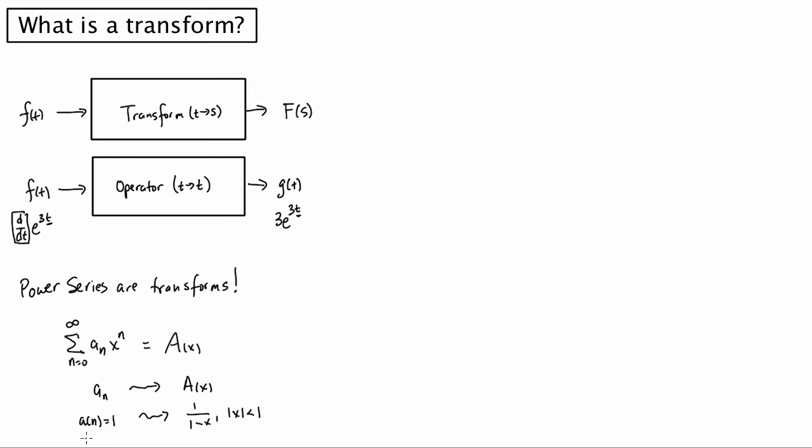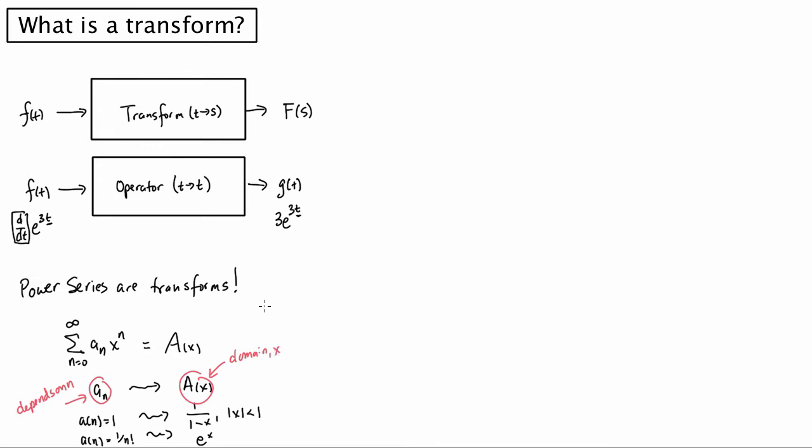Similarly, if my coefficients a n were 1 over n factorial, then I associate that with the power series sum of 1 over n factorial x to the n, but that's just the exponential e to the x. And so what you should be looking at here is the power series transforms a variable of n, so this is dependent on n, into a variable of x, where the domain switches.